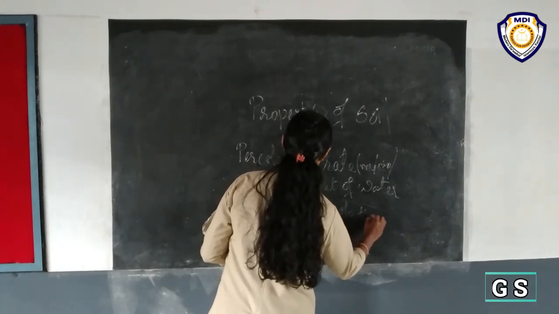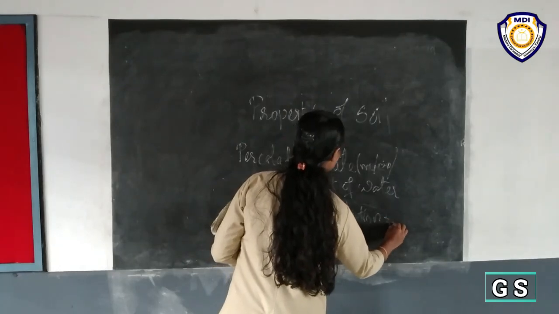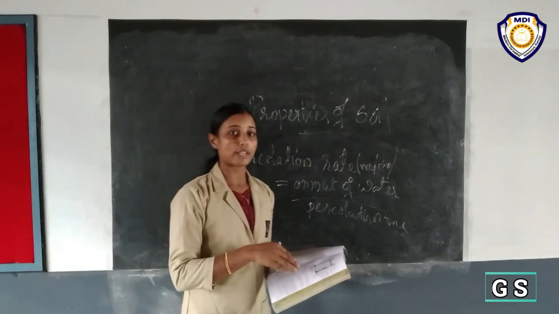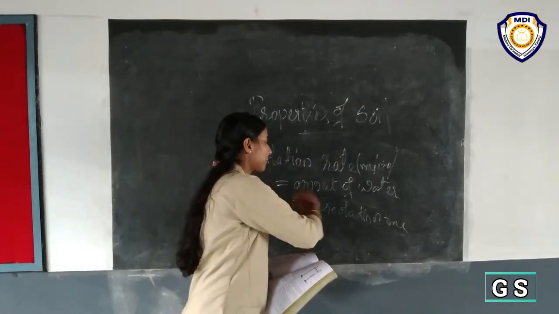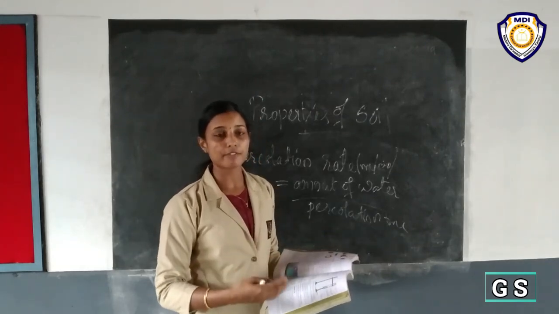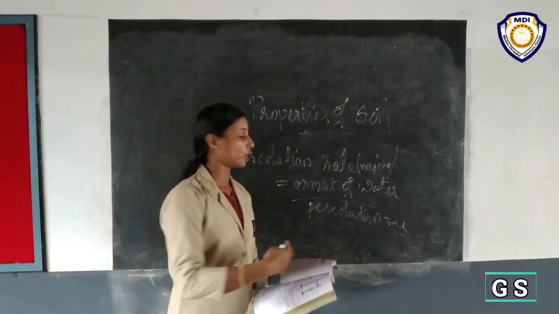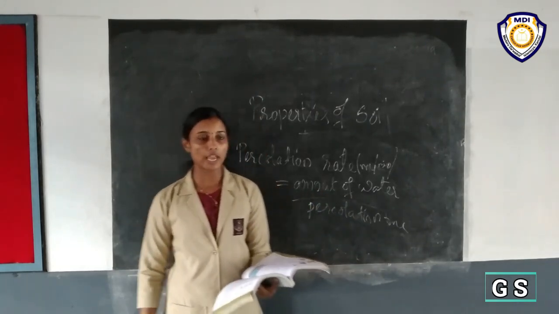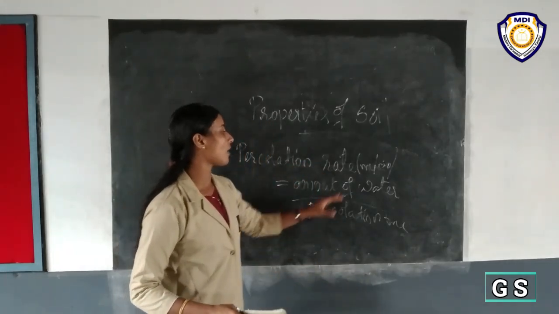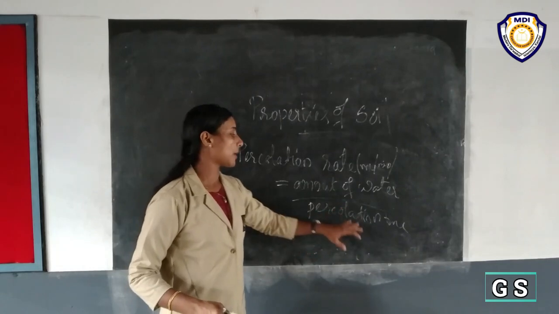That is how much amount of water we pour into that soil divided by the time taken by the water to percolate through that soil. Okay, so that is percolation rate. That is amount of water divided by percolation time.